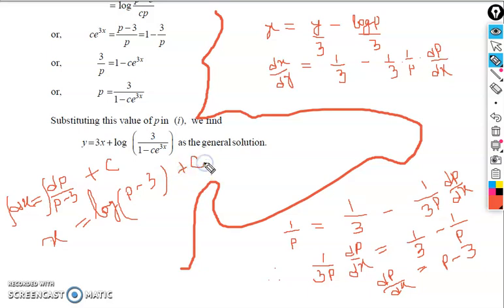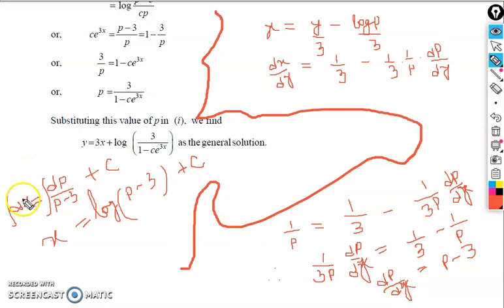Here I made a very big mistake. That should not be x, that should be y.